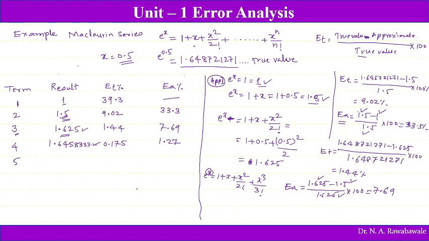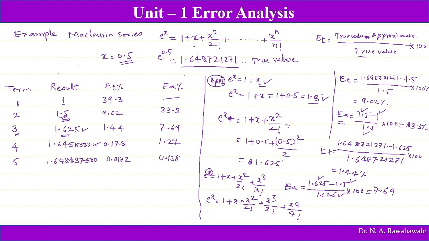When we consider 5 terms, that is e to the power of x is equal to 1 plus x plus x square divided by 2 factorial plus x to the power of 3 divided by 3 factorial plus x to the power of 4 divided by 4 factorial, the result we obtained is 1.648437500. The true error which we obtain is 1.0172 and the approximate error becomes 0.158.